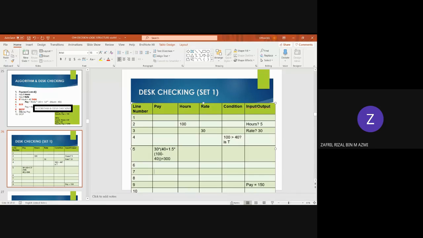And also 8 lah. There's no operation in line 8, kan. And it will go straight to line 9, which is display pay. So in line 9, we are going to print the value of pay on the screen. Okay, that's why we see over here pay equal to, for example, 300. So we will get something like this.